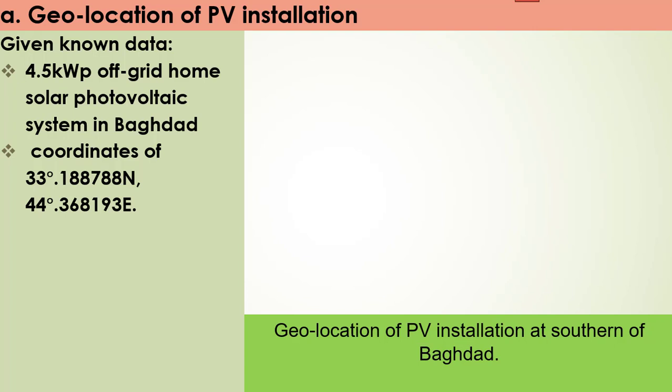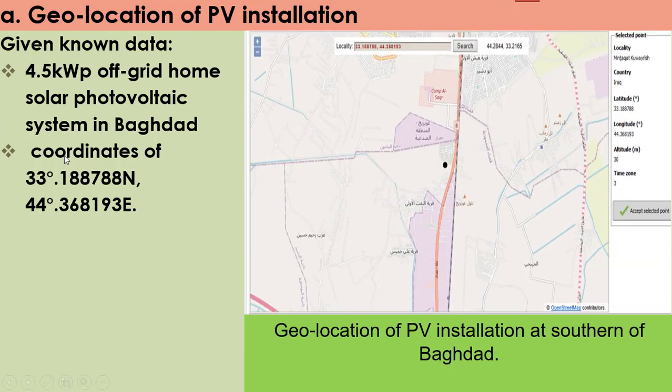If we consider the given known data for our system, the system capacity is 4.5 kilowatt peak power as an on-grid solar home system, and the place that we intend to install is an arbitrary location in Baghdad with the coordinates 33.15 latitude and 44 degree longitude.